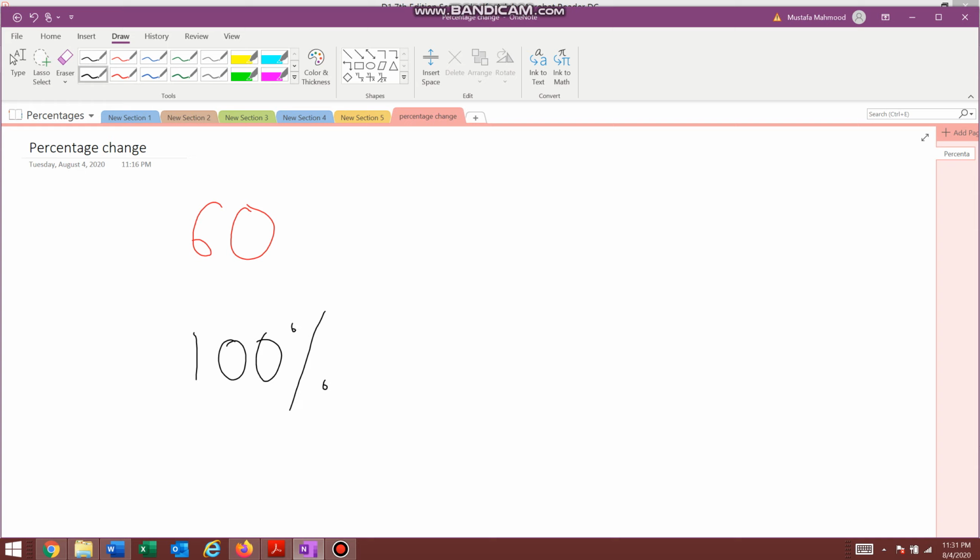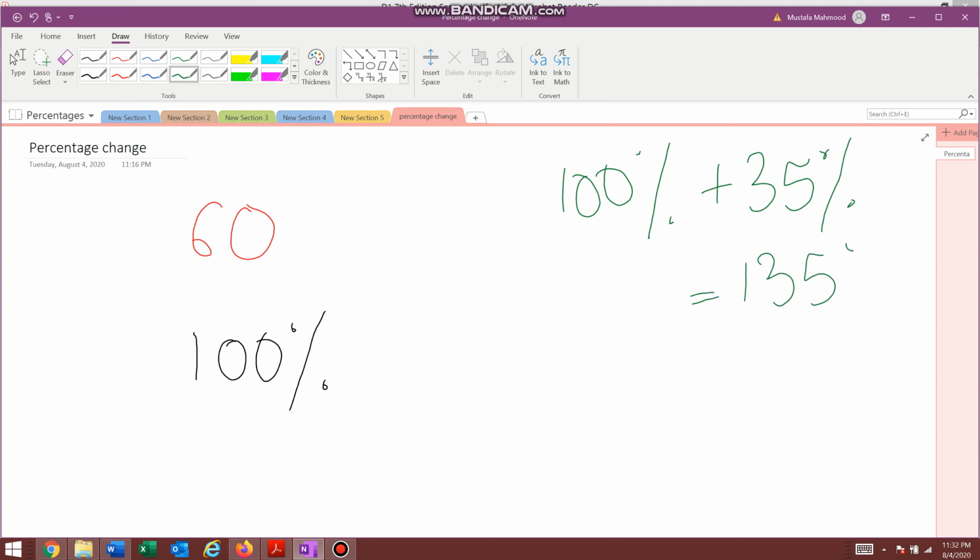Okay? Now we have to increase it by 35%. Increase means that we have to increase 100% by 35%. Increasing always means addition. So basically 60 is 100%. We have to find out what is its 135%. Okay? So when you're talking about increase, you always add the percentages.